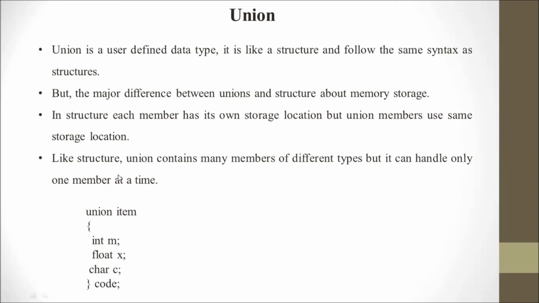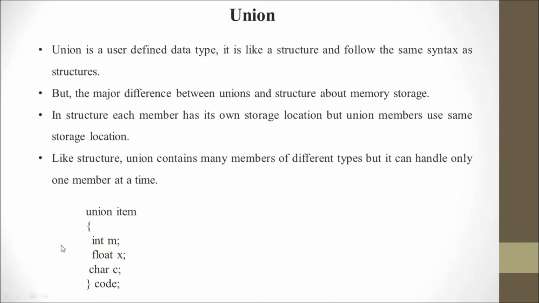Like a structure, a union contains many members of different types, but it can handle only one member at a time. So in a union, one variable can be manipulated at a time, not all elements.